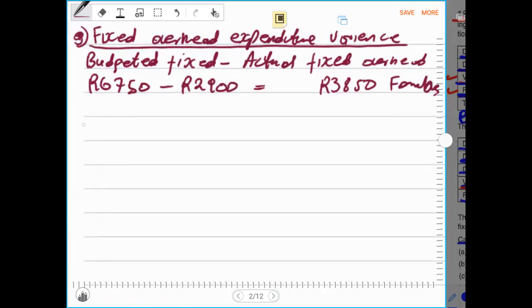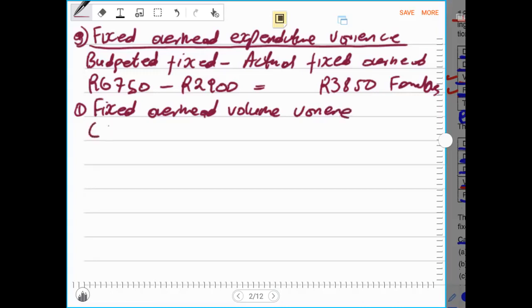So now let me extend this a little bit wider, where I do the fixed overhead volume variance, though they say it's not required for second year. Fixed overhead volume variance. And we know that it is standard hours minus budgeted hours, times the standard rate of fixed overhead.